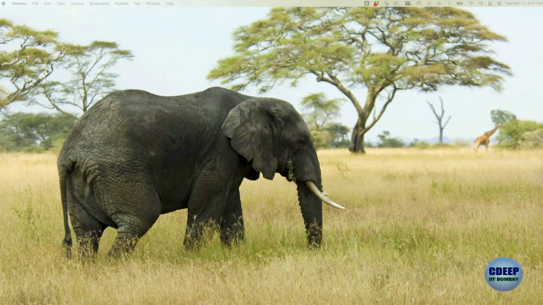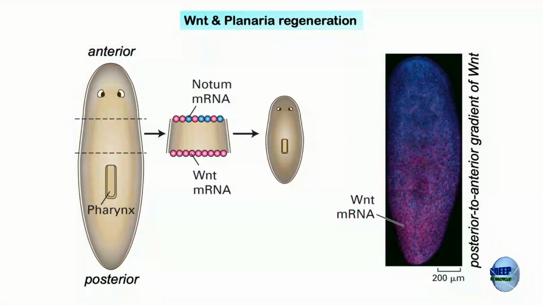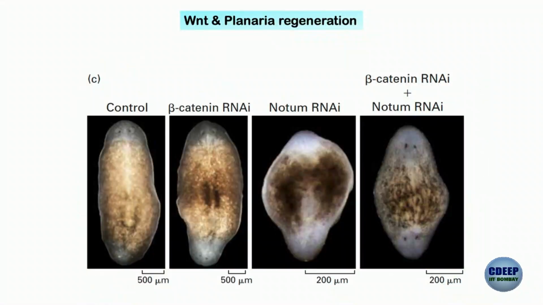That is one of the experiments they did to understand this. In this case they used another negative regulator, NOTUM mRNA, which is required to form the head. If you inhibit beta catenin, two heads are formed. If you inhibit NOTUM, two tails are formed.